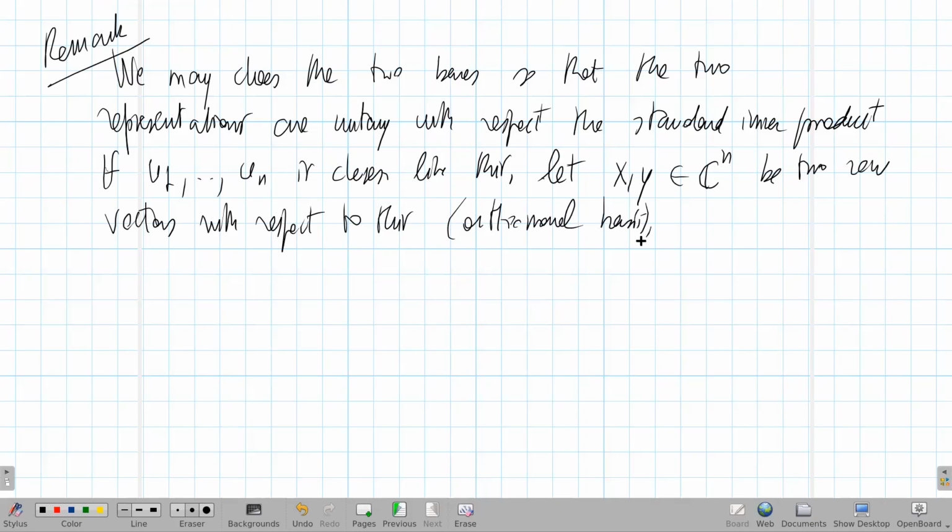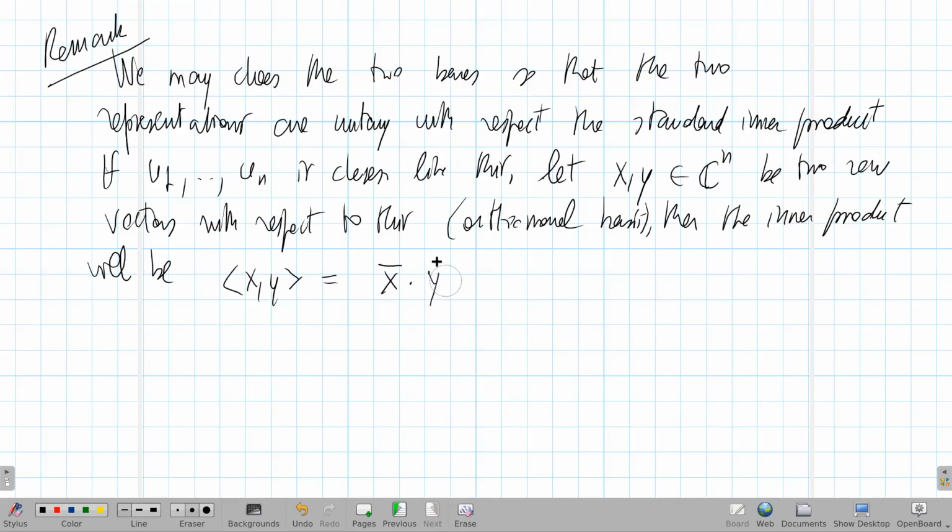Then the standard inner product of x and y will be, these are row vectors, x conjugate times y transpose. Okay, this is a transpose.